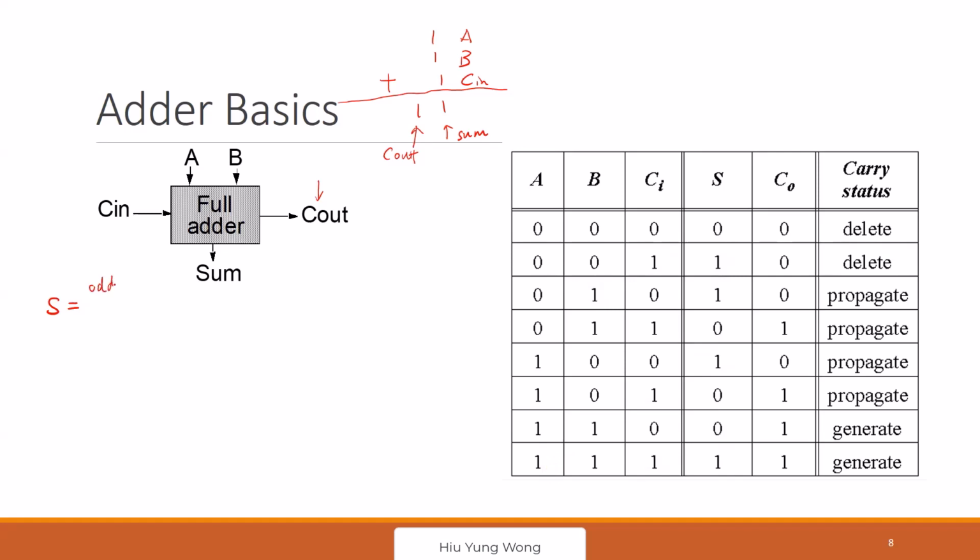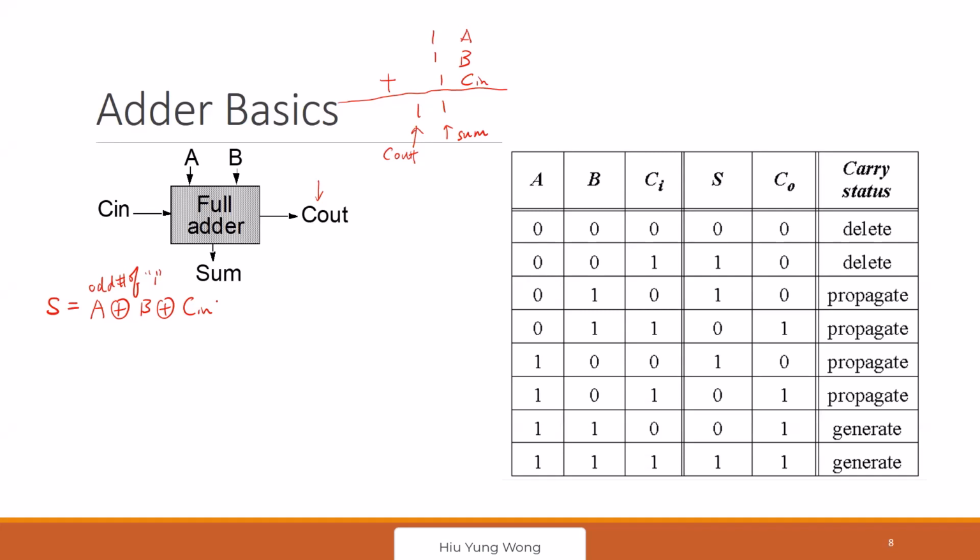If you have an odd number of 1s, you will get 1. So naturally, you will see that, oh, this must be A exclusive-OR B exclusive-OR C in. That is when it will give you 1, when it has an odd number of 1s, right?